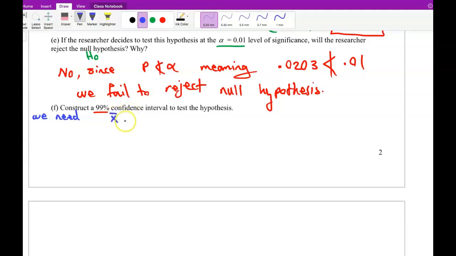I should find x bar plus or minus the margin of error. Alpha is 1 minus 99%, which is 1%, and so alpha divided by 2, 1% divided by 2, is 0.005.